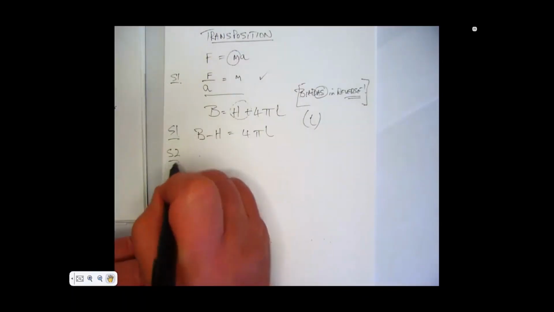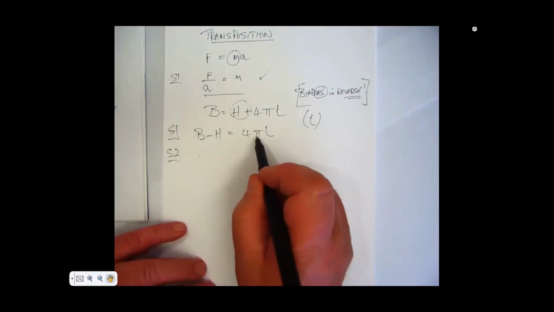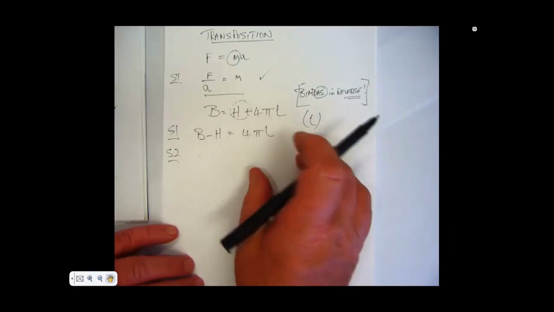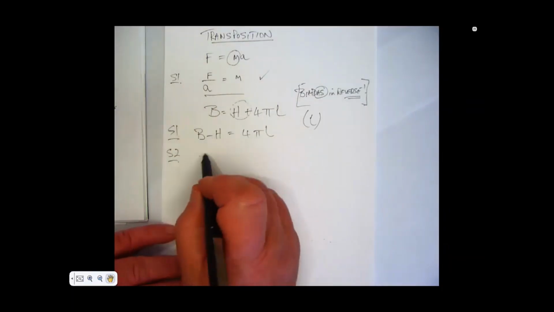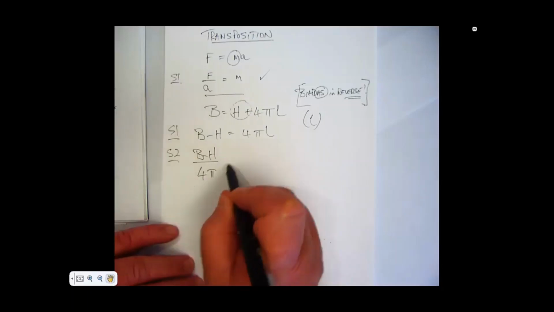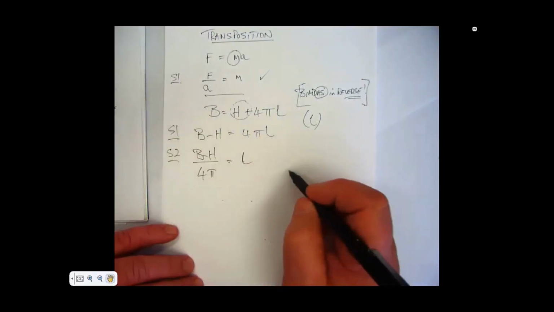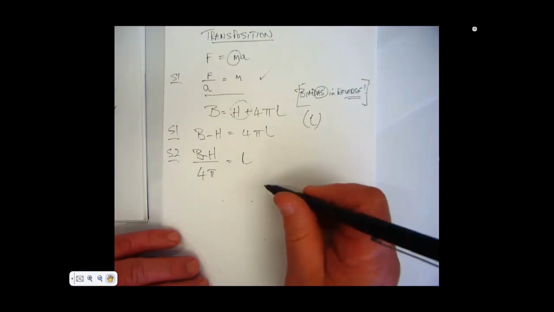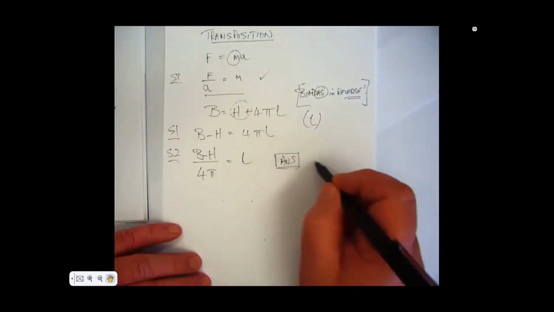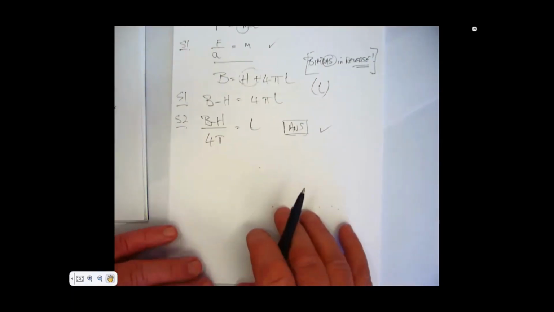Step 2, I don't want the 4 pi, so if I get rid of that, which multiplies the l on this side, bring it across here, then it must divide. So finally I get this. And that in fact is what the answer is in the back of the book, down the bottom of the book there. So finally you have the correct answer.